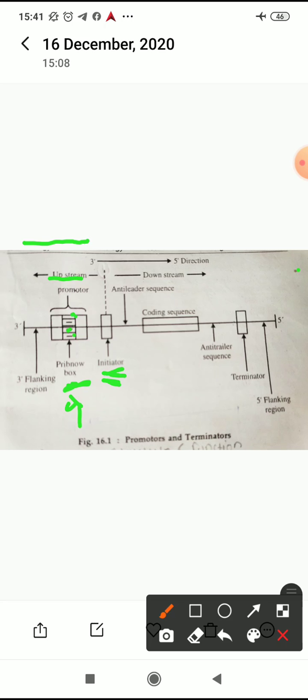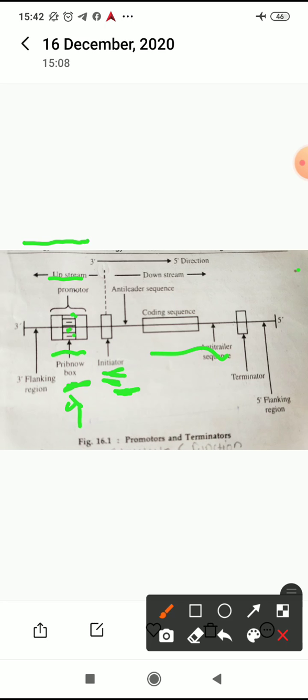It is a short stretch of a few nucleotides between the promoter and the coding region. This is the promoter, this is the coding region, and in between, this small stretch, the initiator, is located. This is called the initiator site.